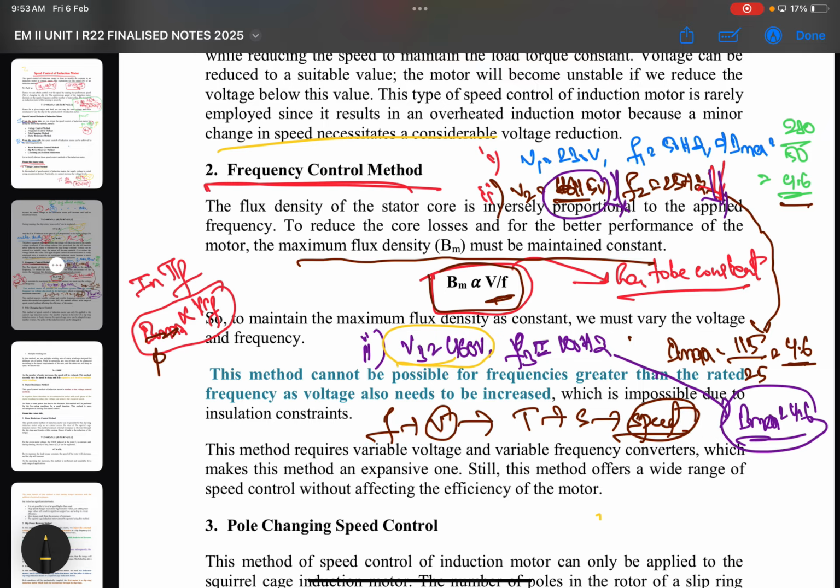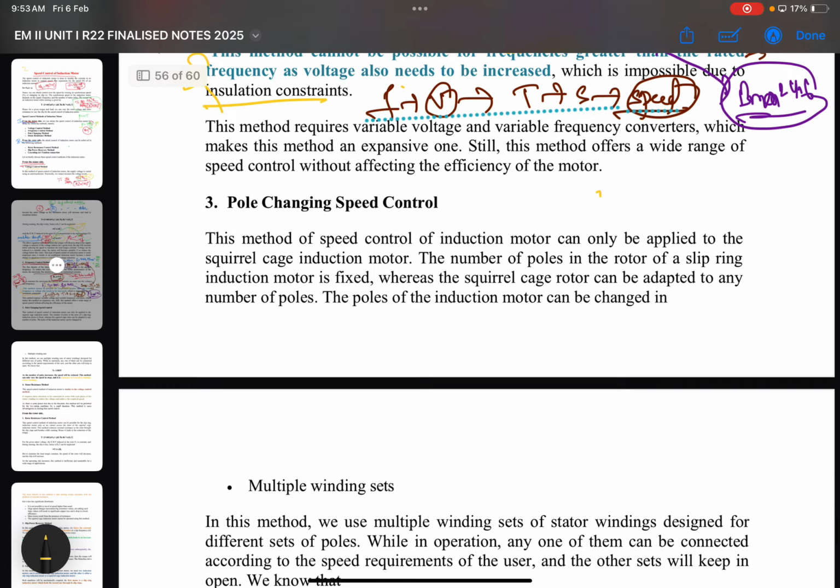As the insulation cannot bear more than the actual value, insulation failure takes place, which is not possible here. This method is not possible for frequency greater than the rated frequency, as voltage needs to be increased. So even in the frequency control method, controlling below the rated value is acceptable, but above the value is not acceptable.